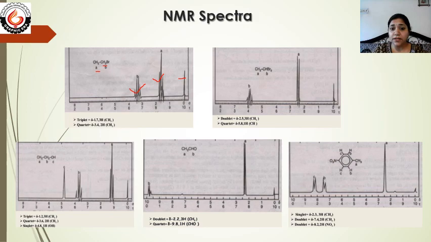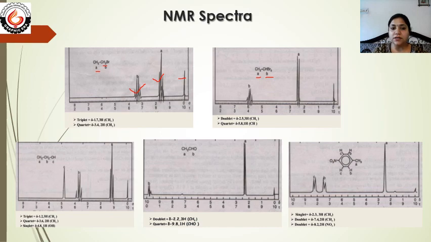Next example is CH2CHBr2. Here there are also two different environments for the hydrogen. The first is CH2, like A. The second one is CH, like B, signal B. Obviously, in this CHBr2, the carbon is attached to two bromines, so there is more inductive effect as compared to the first spectrum. So the signal will shift more to the left because it is more deshielded, and the value becomes around 6.